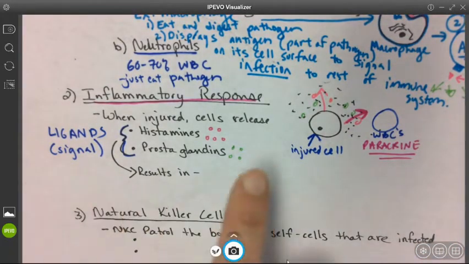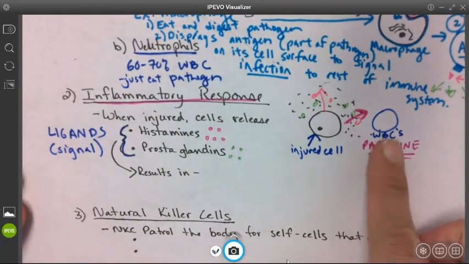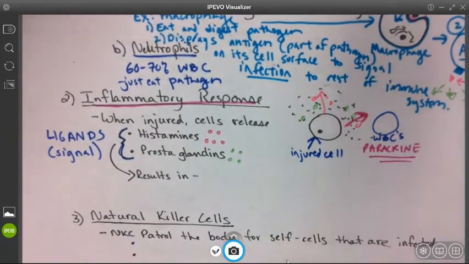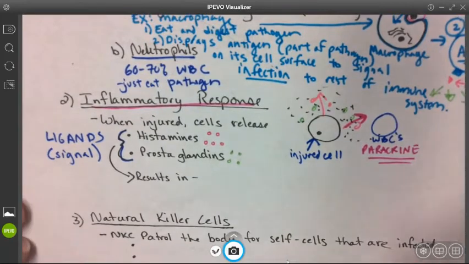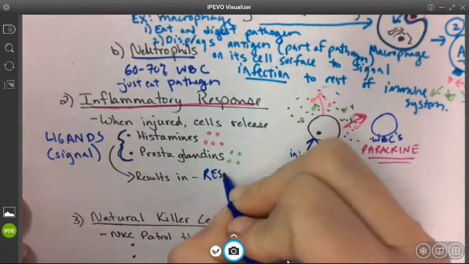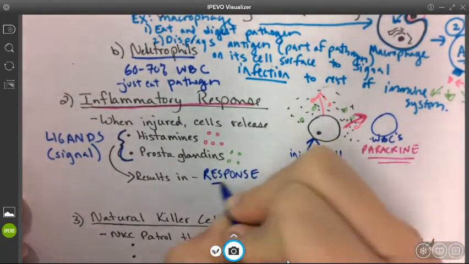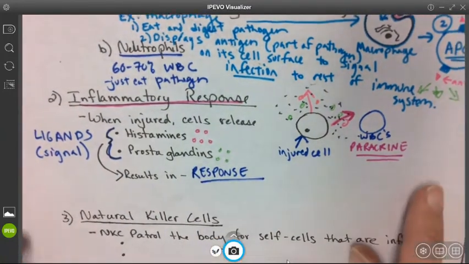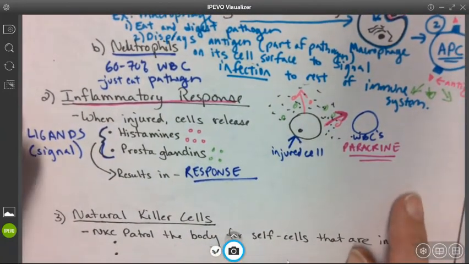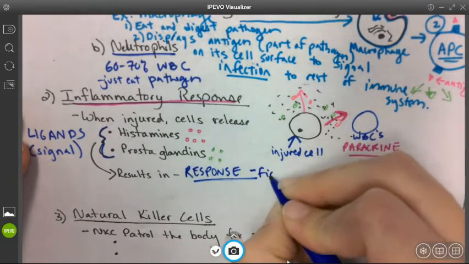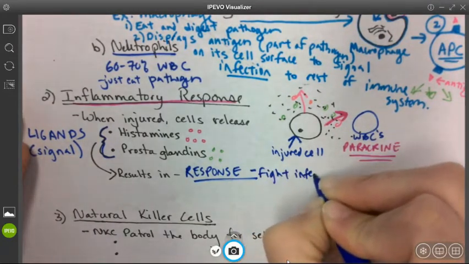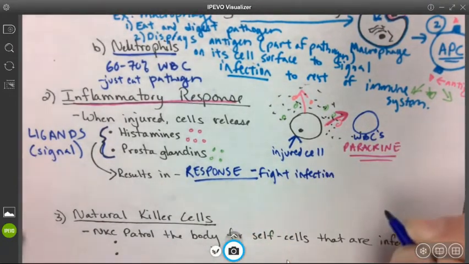So basically, the inflammatory response can activate other white blood cells, and it can result in a response called the inflammatory response. So signal, response. What is the inflammatory response? Basically, it helps you fight infection. That's its purpose.